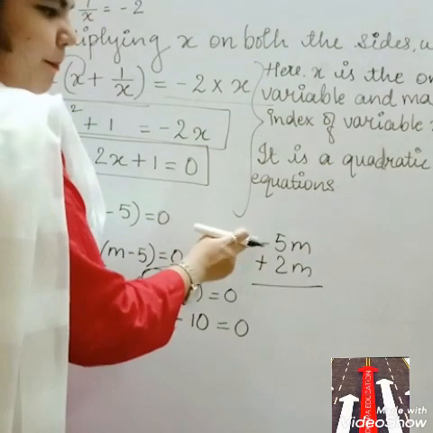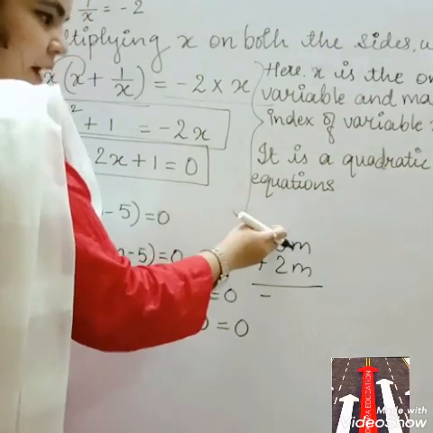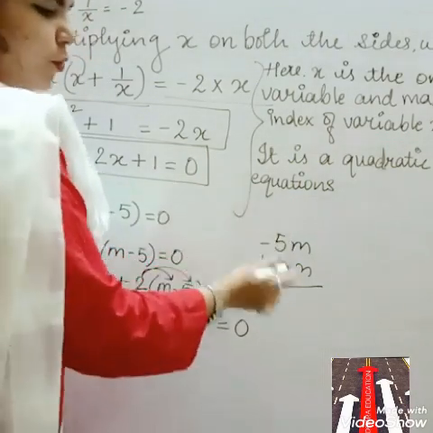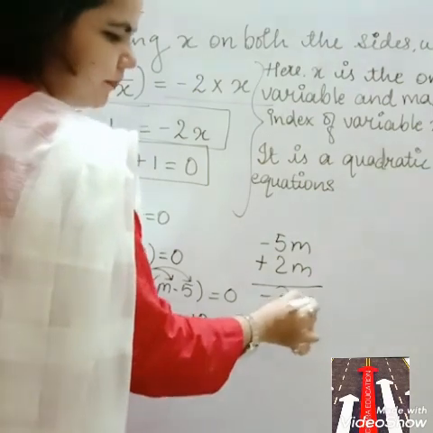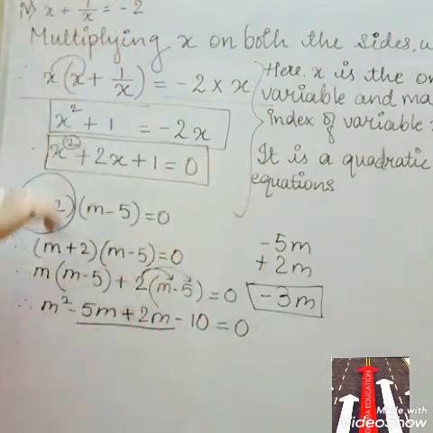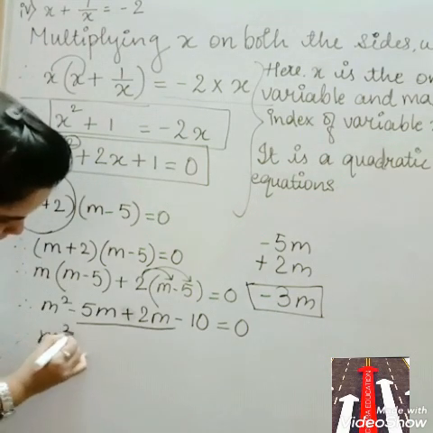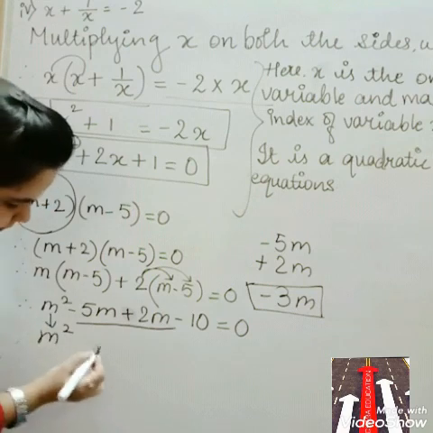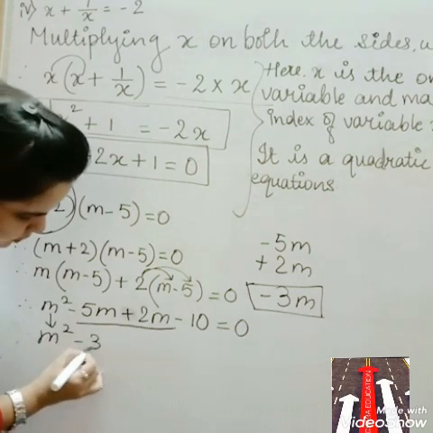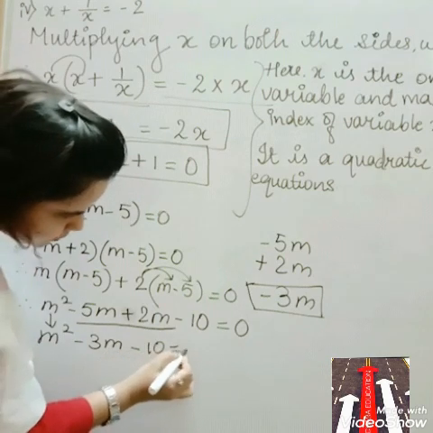So obviously minus plus gives you what? Minus. 5 minus 2 gives you 3m. So the answer is what? Minus 3m. So here what I will write, m square, this I have written, minus 3m minus 10 is equal to 0.